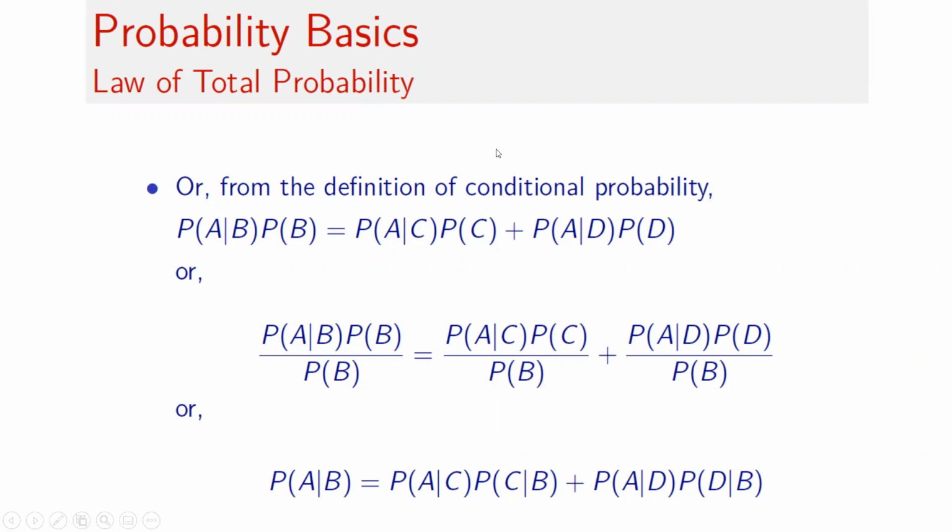Okay, so we are dividing all the elements of this first equation by the probability of capital B.